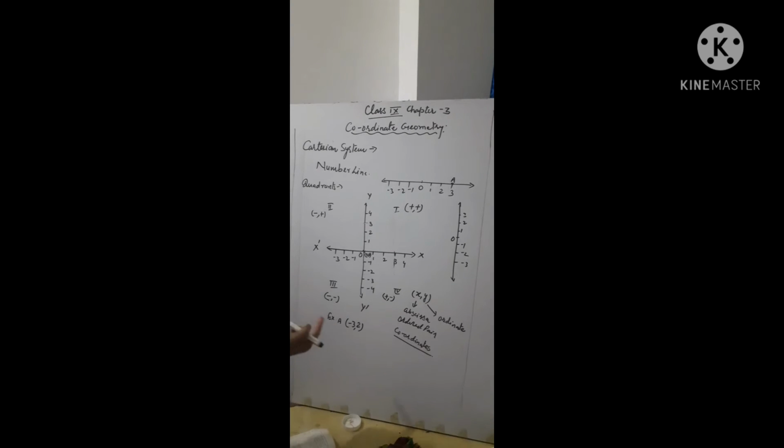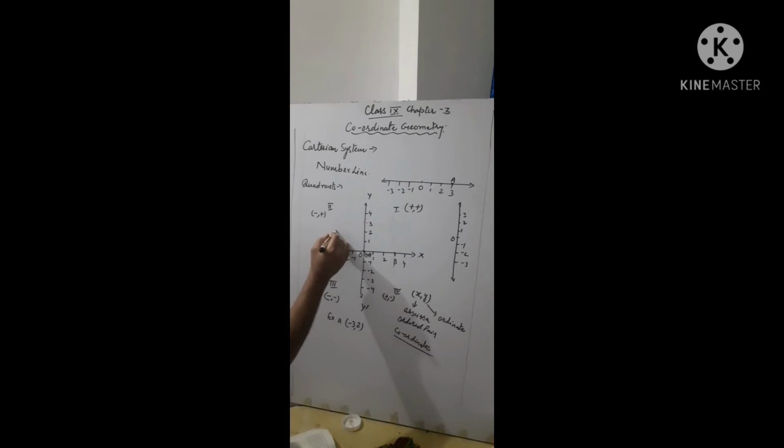-3 means abscissa is -3, so we move 3 steps towards OX dash, means the negative direction of the X axis. So 1, 2 and 3, this is -3, and the 2 means 2 steps towards the positive Y axis. So this is 1 and 2.